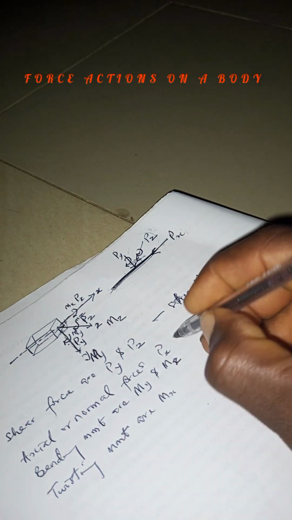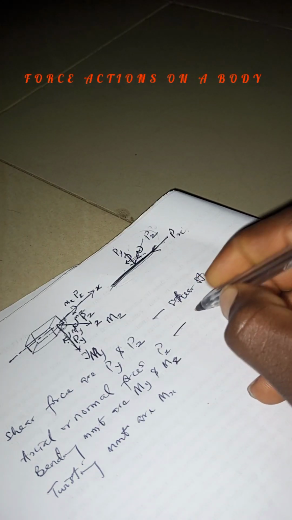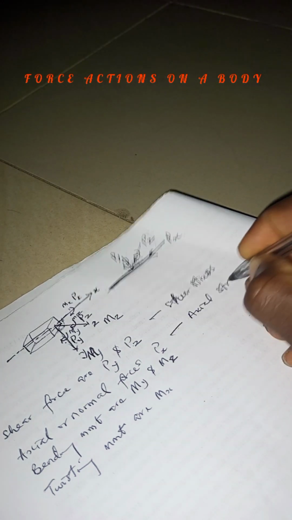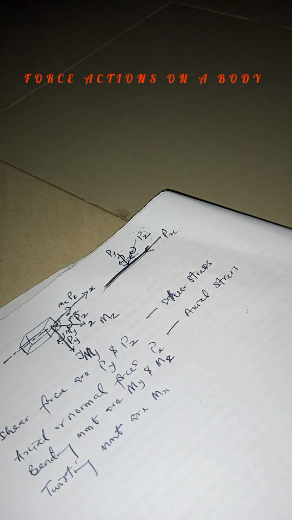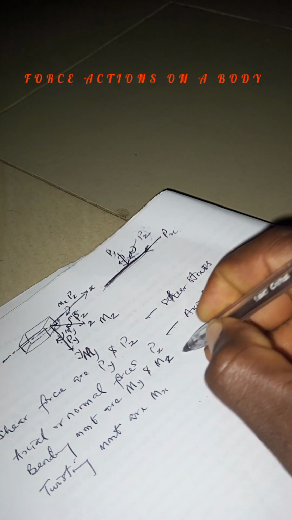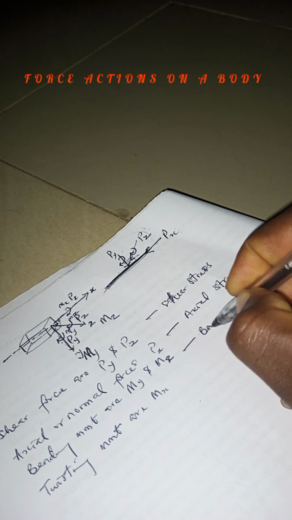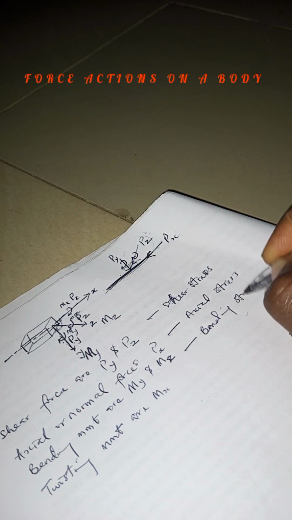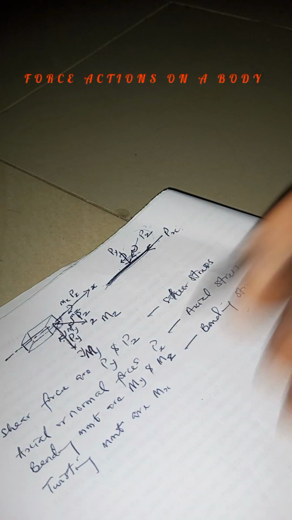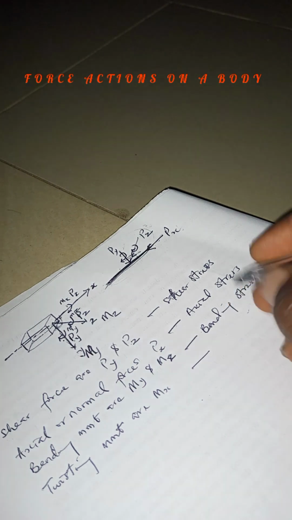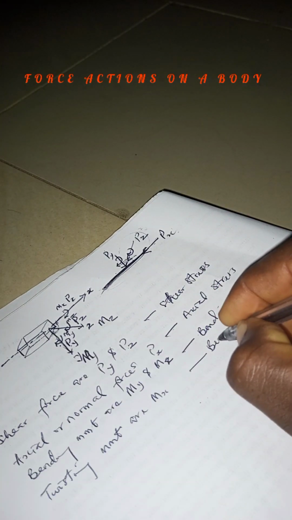Axial or normal forces is going to give room to axial stresses. When we come to that, we'll explain how to diagrammatically represent this. Bending moment is going to give room to bending or normal stresses. While the twisting moment is going to give room to shear stresses.